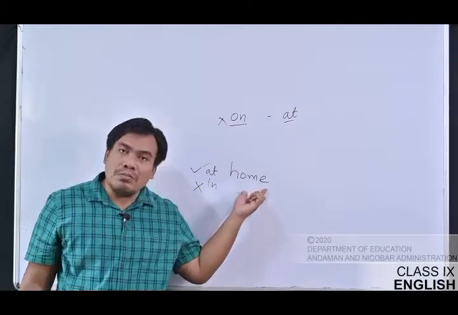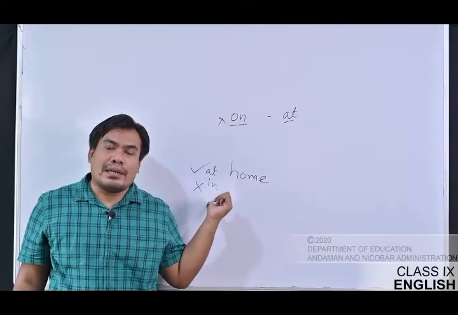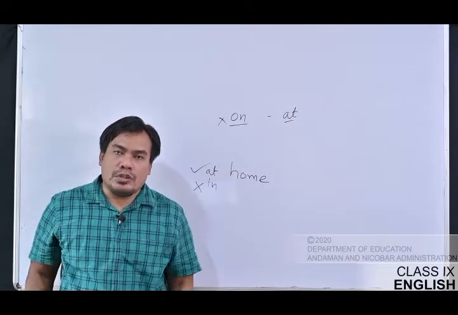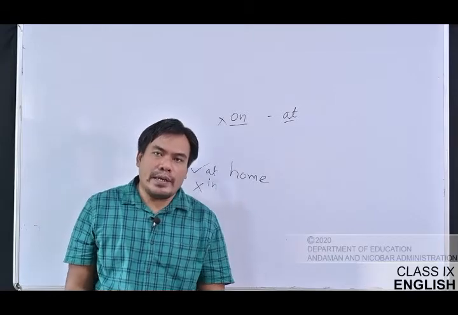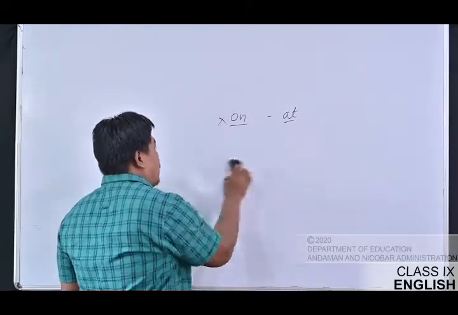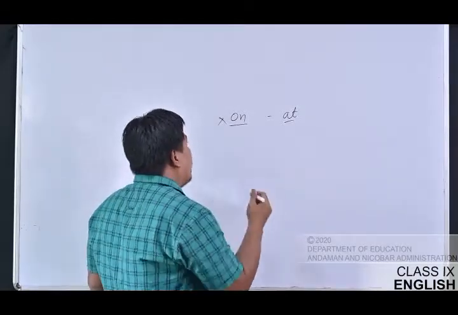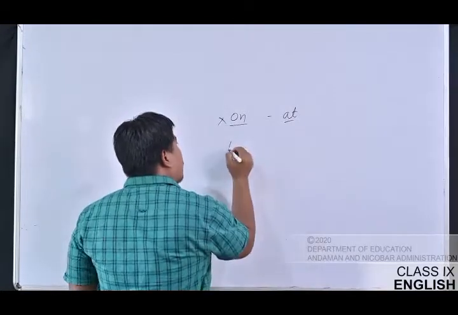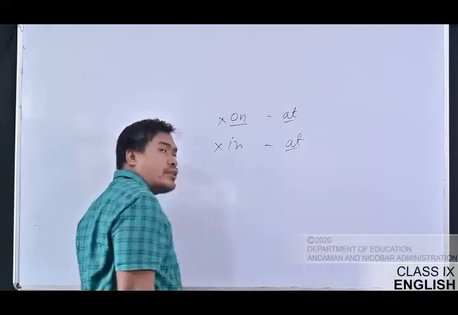Whenever you see home, don't use in with that. You have to say at home. I'm at home, you are at home, stay at home, all right? So in home is incorrect and at home is the correct one.